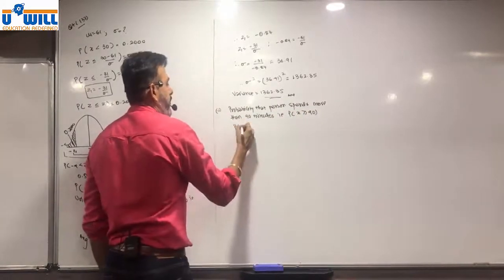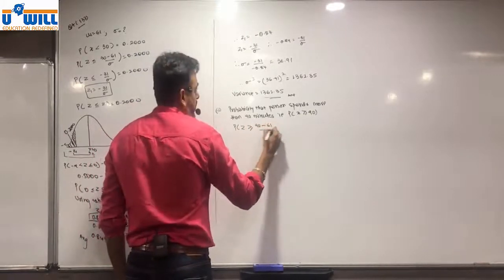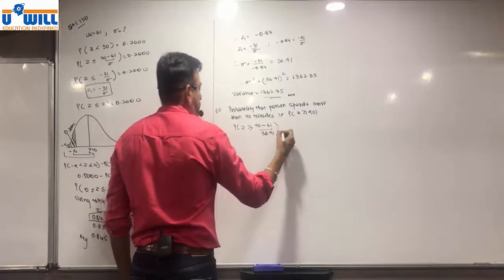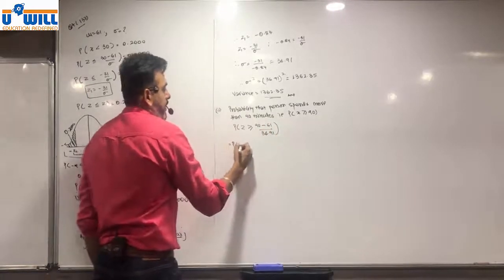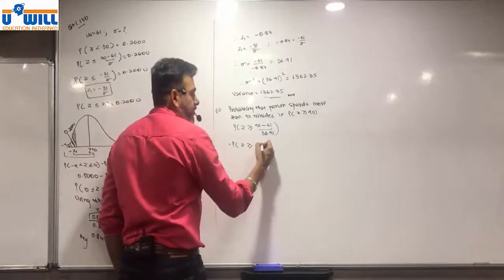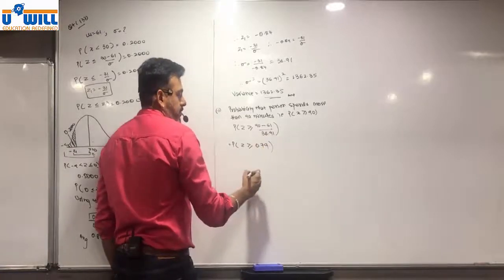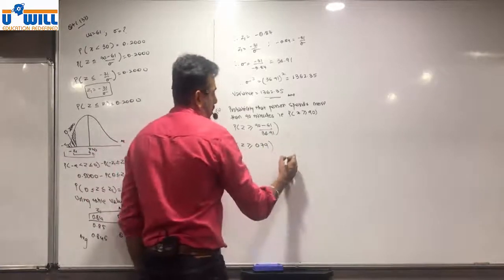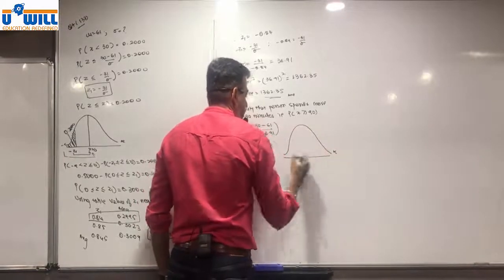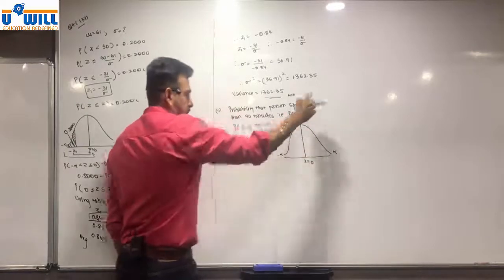So probability of Z greater than or equal to 90 minus 61 upon sigma, that is 36.91, which is equal to probability of Z greater than or equal to 0.785, so 0.79. Draw graph. Minus infinity to infinity, Z is equal to 0.